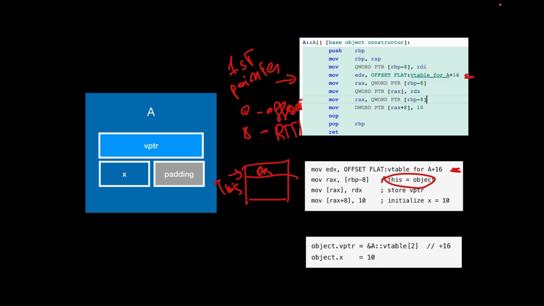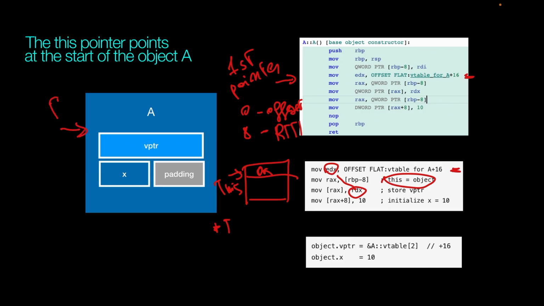Then RDX is going to contain this, so in RDX we move the this pointer. So this pointer will be equal to the vptr.